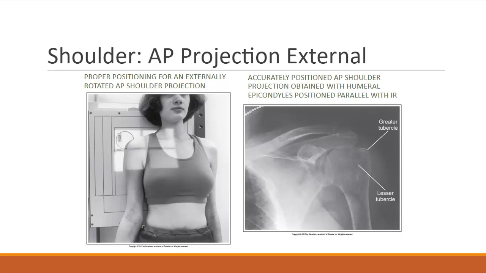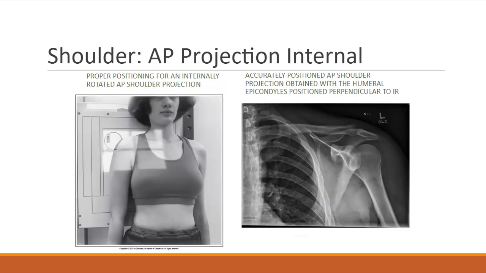In an externally rotated humerus AP shoulder projection, the greater tubercle is seen in profile laterally, and the humeral head is in profile medially. You should always put an indicator marker on your images so that the radiologist knows you took this projection in external or internal rotation.